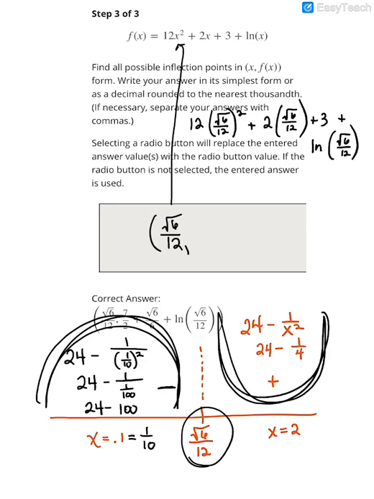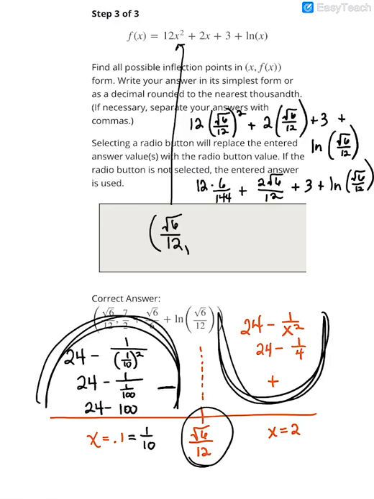When I go to simplify that, on this first term, I'm going to have a 12 times square root of 6 squared, which would give me square root of 36, which is just plain 6. And then on the bottom, 12 squared would give me a 144. So we have 6 over 144. And then on this second term, I would have 2 times the square root of 6 over 12, which is going to reduce in just a minute. And then, of course, I have my plus 3, and I have my plus natural log of square root of 6 over 12.